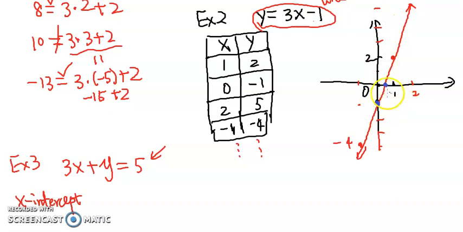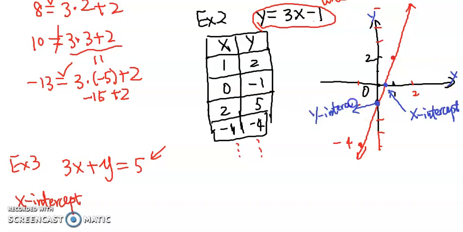And these 2 special points, we have names for them. The intersection point with the x-axis, the horizontal line, we call the x-intercept. And the point on the y-axis, we call the y-intercept.